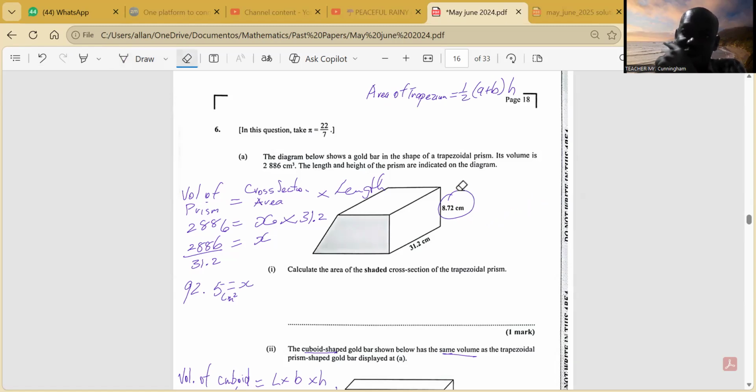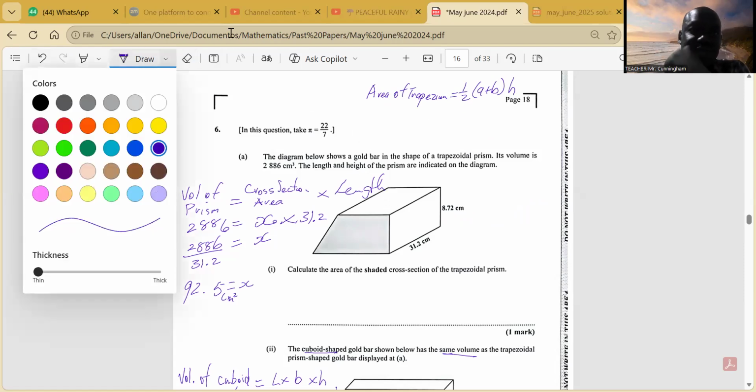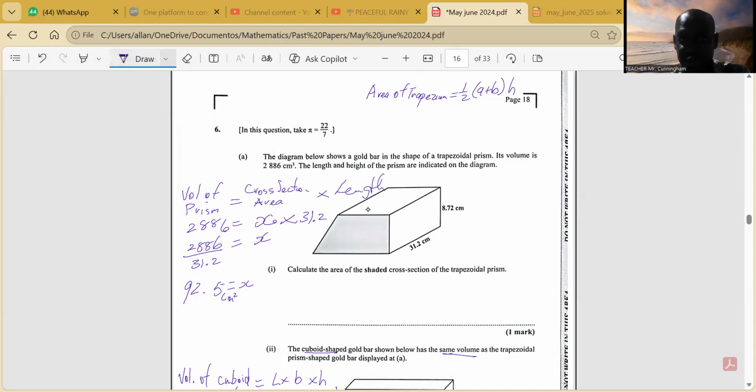Yes, sir. Right. But they did not give me A and B, the parallel sides, and that is where the problem started. I didn't read this before.